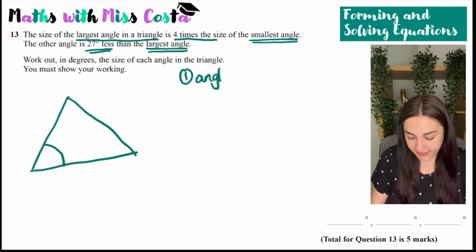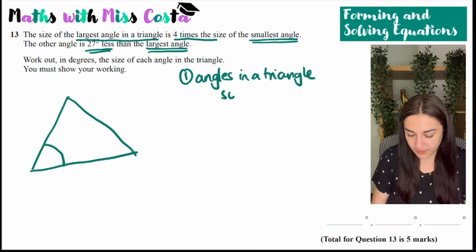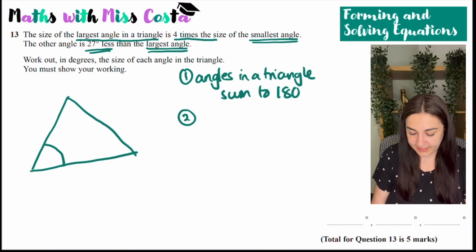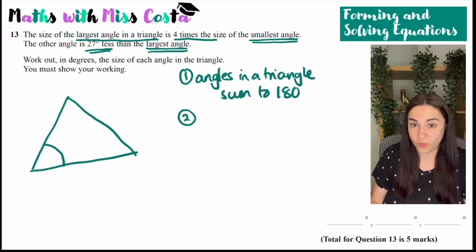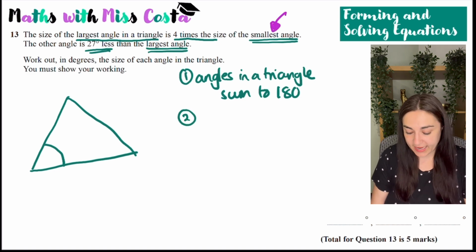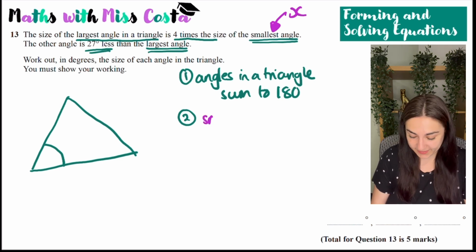So step 1, I need to remember that angles in a triangle sum to 180 degrees. Step 2, I don't know what the value of the smallest angle is, and when I don't know a value, I always just label it X, okay?